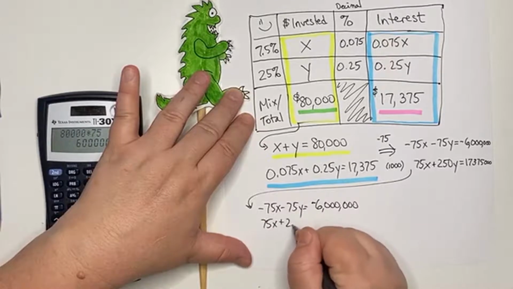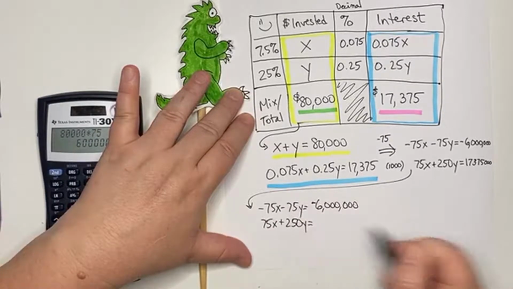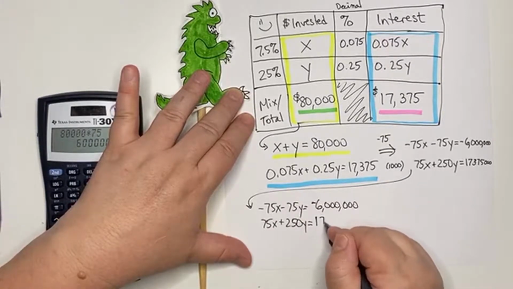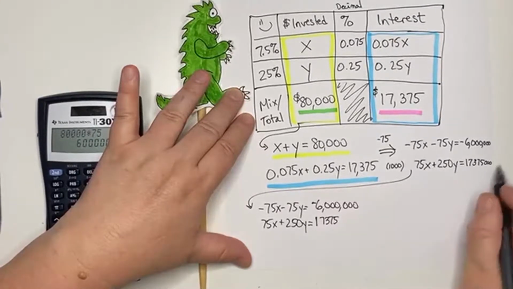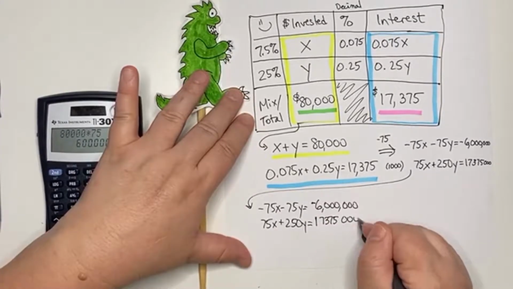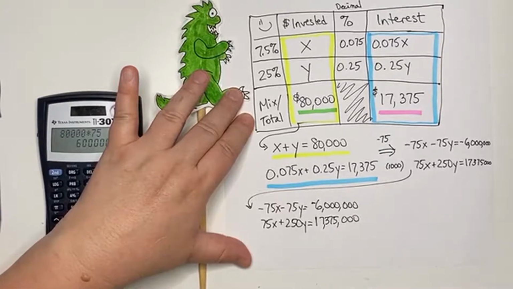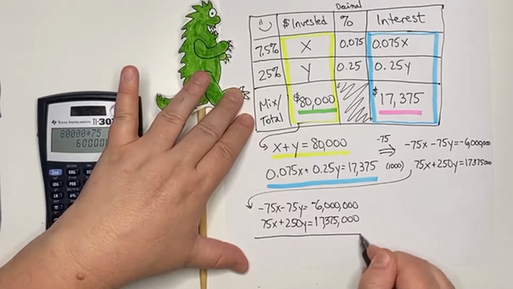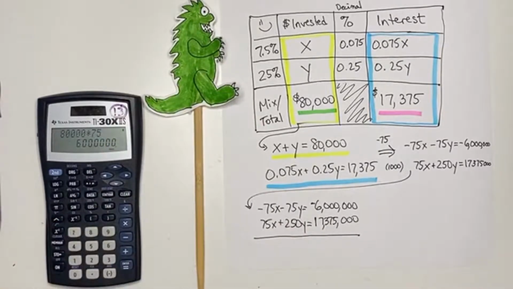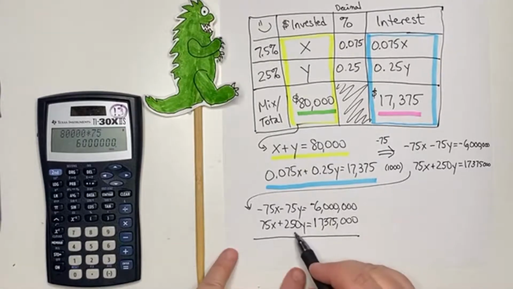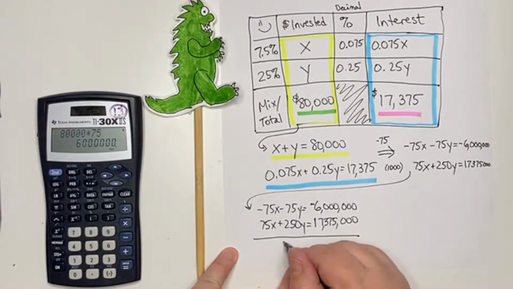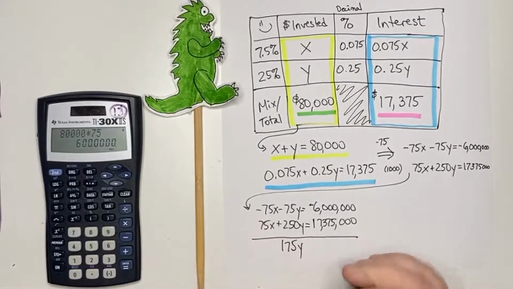75x plus 250y equals 17,375 and then 3 zeros. So 17 million. When I add, the x's cancel, the y's, I end up with, I think, 175, but do I trust my brain?